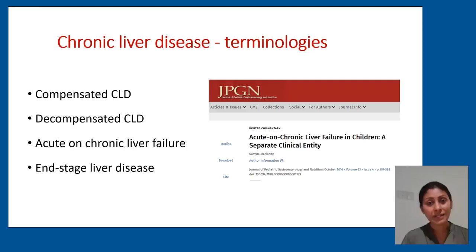However, in ACLF, usually that happens in Wilson disease or autoimmune liver disease, where they get an infective trigger and suddenly come with the picture of acute liver failure. However, when you look back, there are signs of chronicity. So that is ACLF. End-stage liver disease, the terminal stage of the liver disease, may be interchangeable with decompensated chronic liver cell disease.